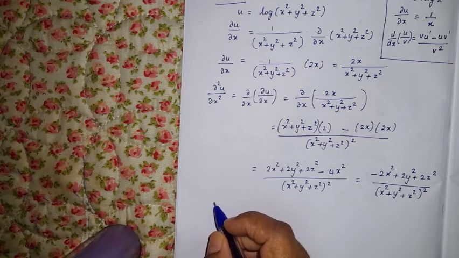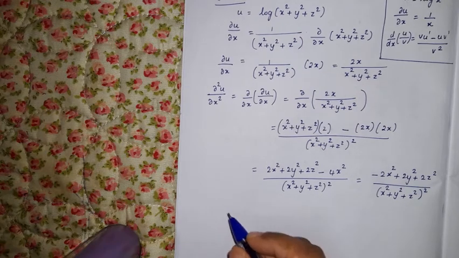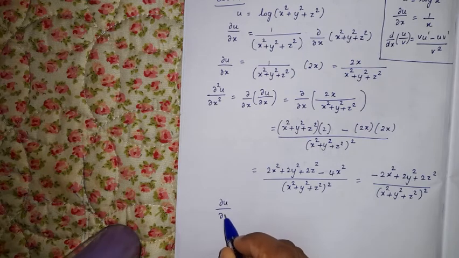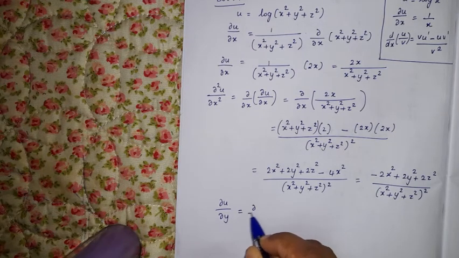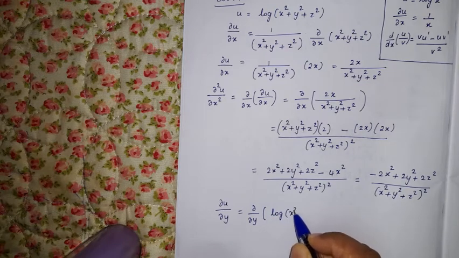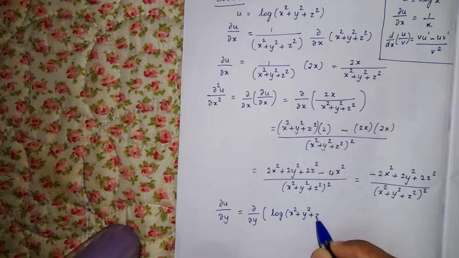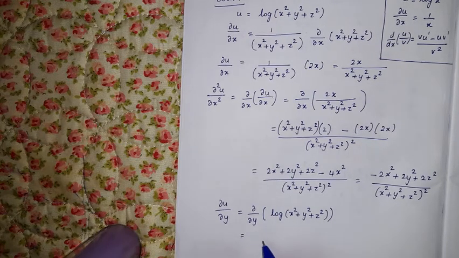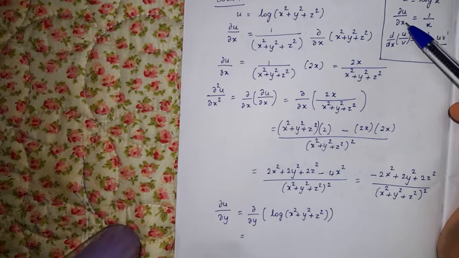Now let's find ∂²u/∂y². For that you have to find ∂u/∂y first. So what is ∂u/∂y? ∂/∂y of log of (x² + y² + z²) is equal to, you know what ∂u/∂x is if u is equal to log x, which is 1 by x.